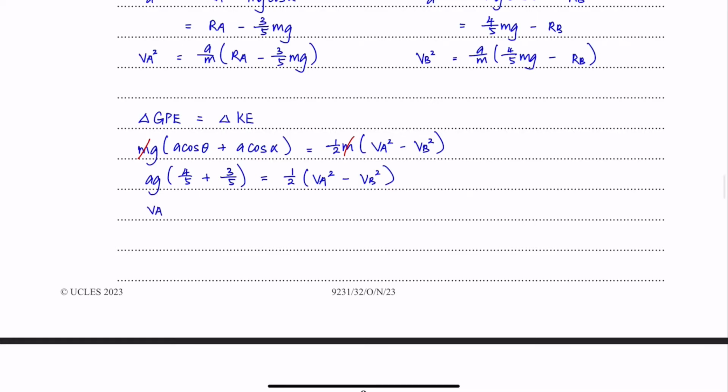So now Va squared minus Vb squared would be 14 over 5 ag.